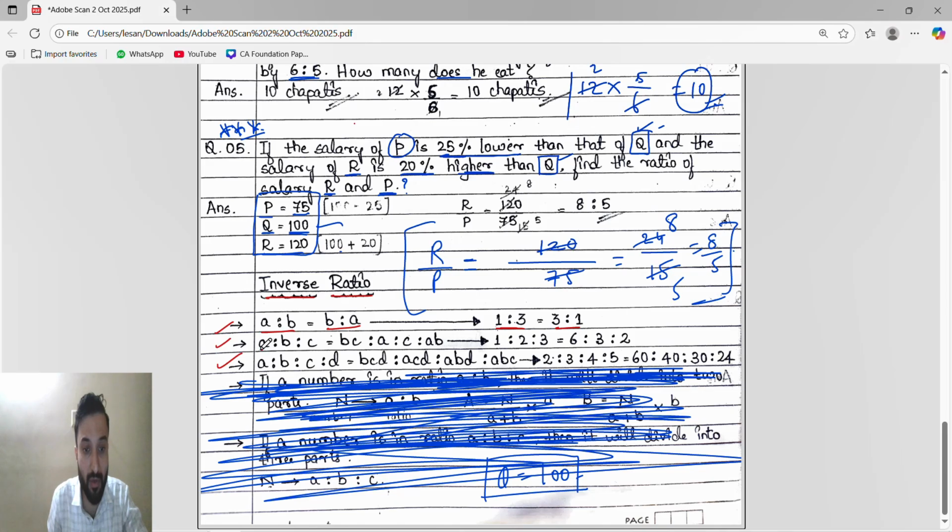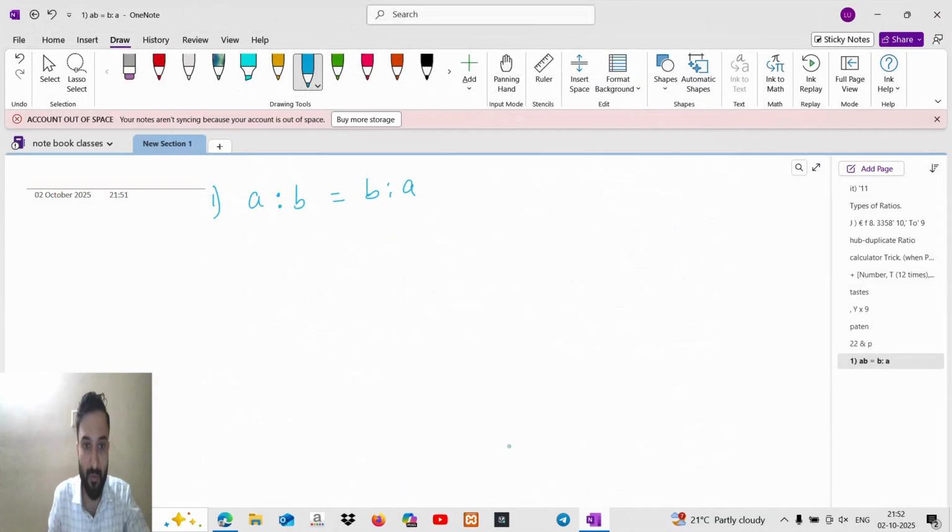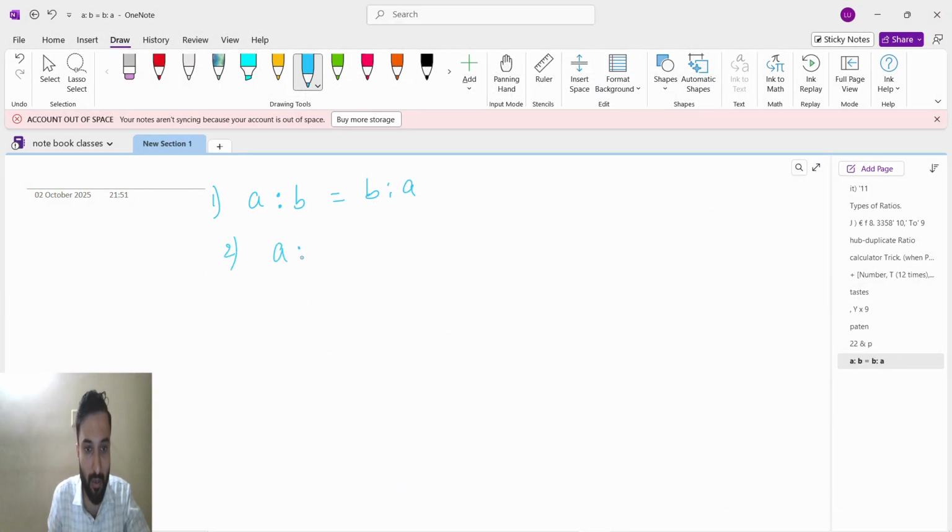But if they give 3 ratios or 4 ratios, then you have to find the inverse ratio. Suppose they give a is to b is to c, and you have to find the inverse ratio. What will we do now? Simple, guys. For 2 terms it will be reversed, that's done. For 3 terms, a is to b is to c, the inverse will be the reverse order: 1, 2, 3.